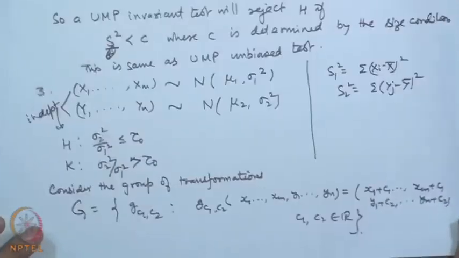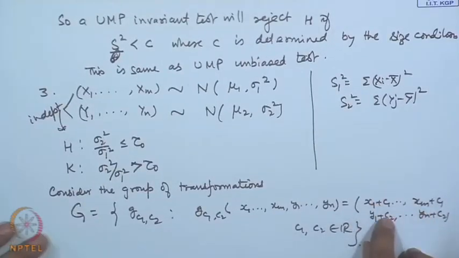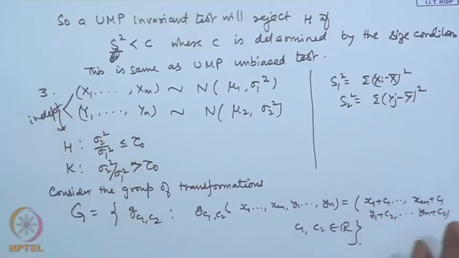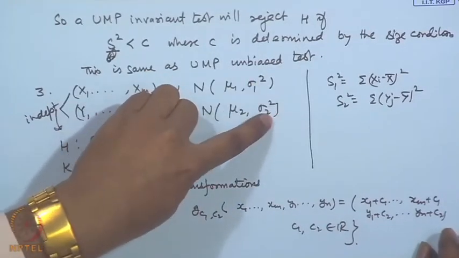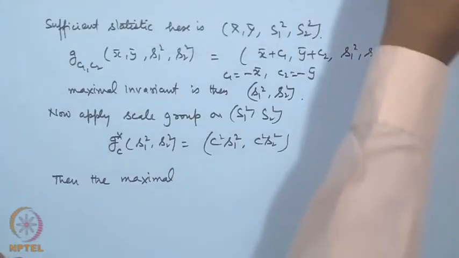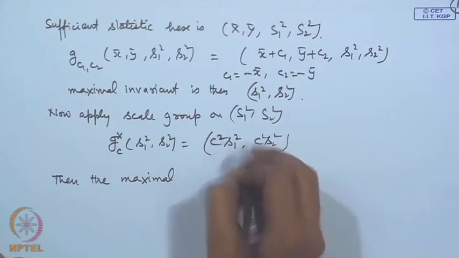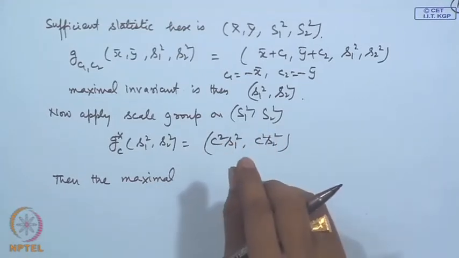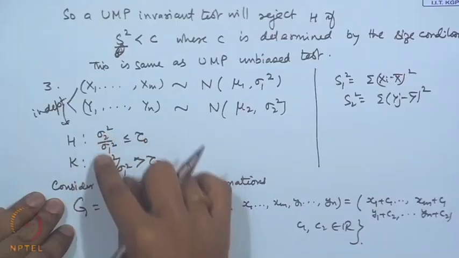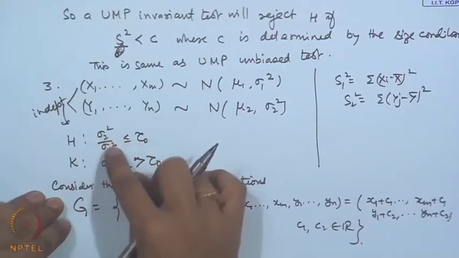For example, when I shift by C1 and C2, there is no effect on the hypothesis here, because the mu i's will be shifted, while sigma1 square, sigma2 square will not be shifted. Similarly, if I scale both S1 square and S2 square by the same factor, then sigma1 square and sigma2 square will shift to C square sigma1 square and C square sigma2 square, and therefore this ratio will again remain invariant, that is, C square sigma2 square by C square sigma1 square, C square will get cancelled out and this will remain the same.